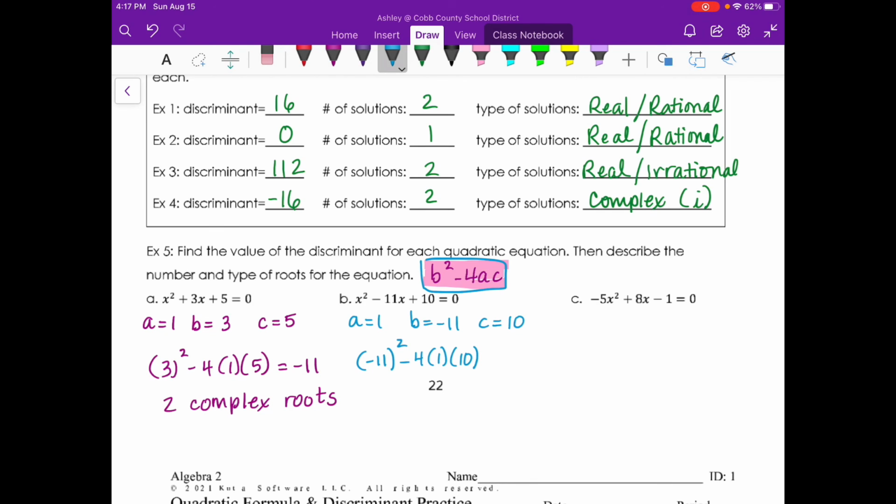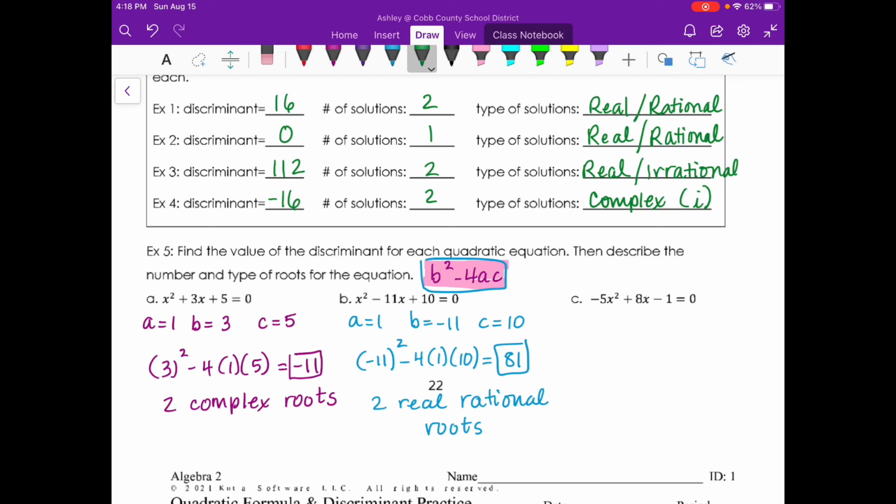This gives me 121 minus 40, which is 81. So last time I got a negative, this time I got a positive number. So I know I'm going to get two real solutions. And 81 is on my lovely list of perfect squares. And since that is a perfect square, I'm also going to get a nice rational solution.